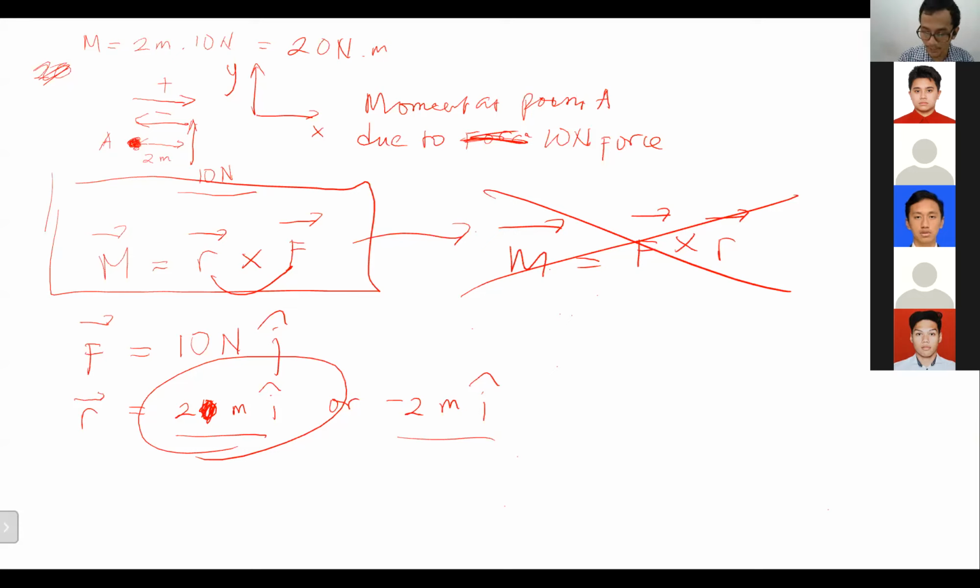So the correct one is R cross F. And remember the correct direction of R. Don't use the opposite direction, because the positive and negative will be completely wrong as well. You get it, guys?